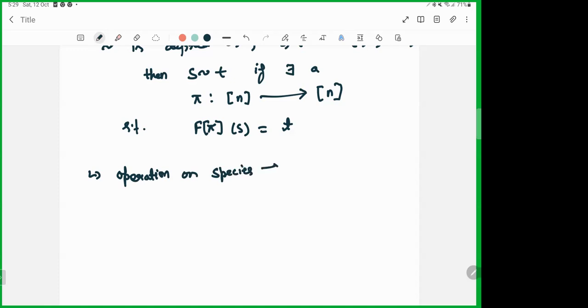which are basically addition. The first one is addition, which is basically disjoint union. The second one is the product of species, which is basically taking two subsets of the set U and then taking an F structure on U1 and a G structure on U2.